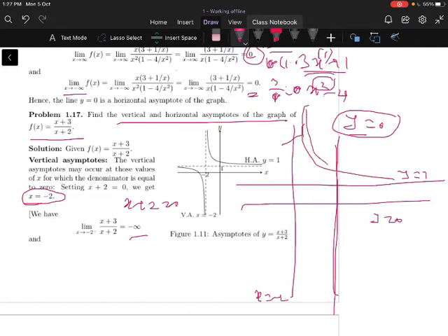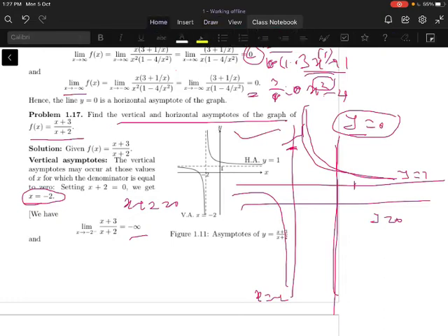Roughly you can draw this. This is the curve. This curve meets the asymptotes at where? At infinity. And similarly, one can see that like this you can roughly draw this, which I have written here.